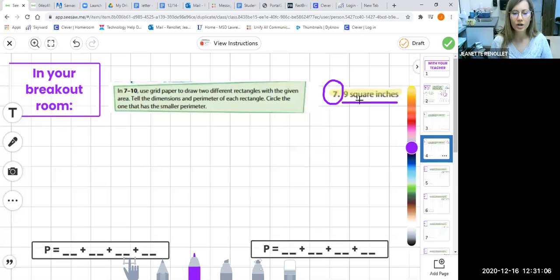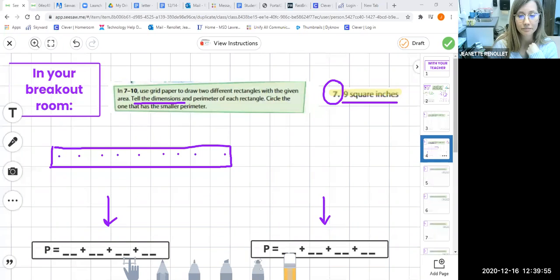And I want you to think about what those shapes will look like. If you have time in your breakout room, I want you to label the length and width and tell me the dimensions. When we come back, we will do perimeter together. This is your job in your breakout rooms. This meeting is being recorded.